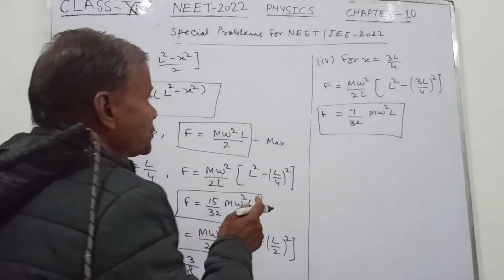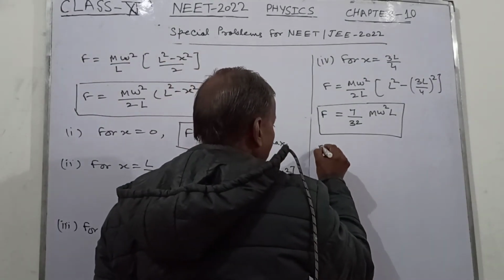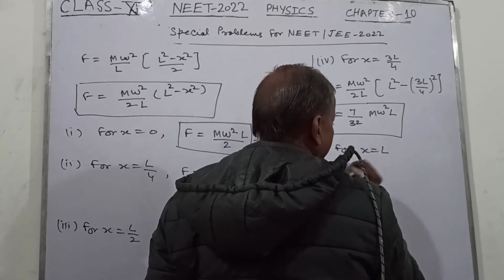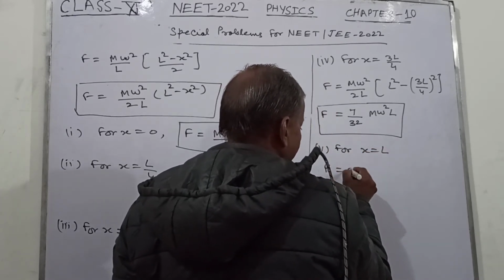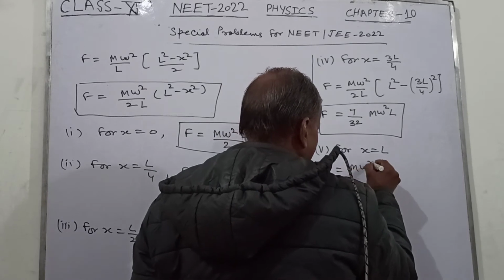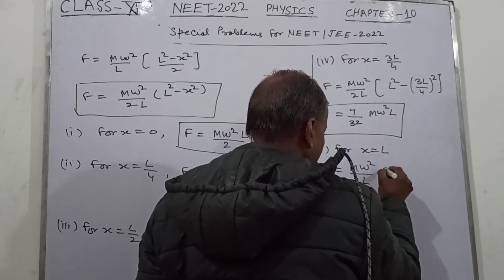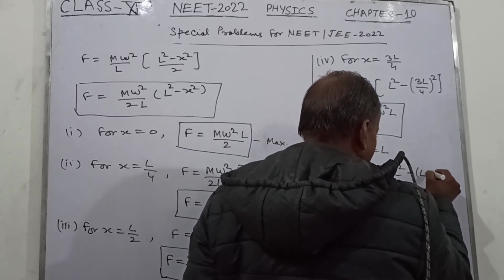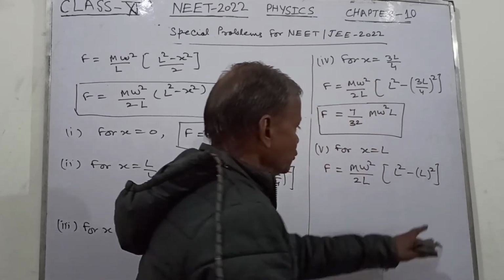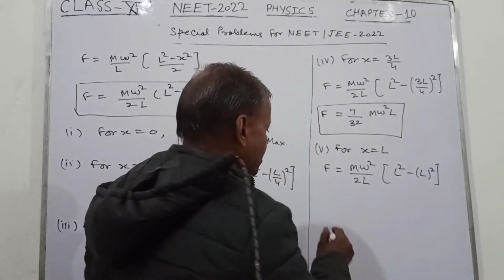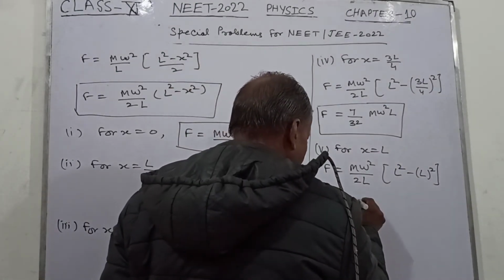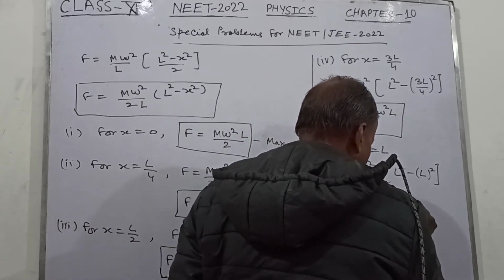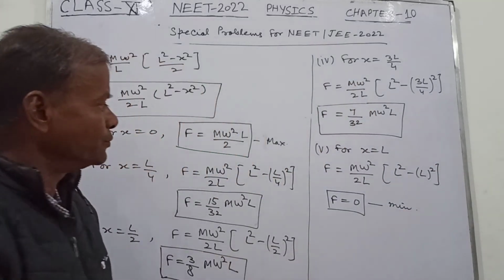And now last we will take the fifth, x equals L. F is equal to m omega square upon 2L into L square minus L whole square. So this is L square, so this will cancel. So F is equal to 0. This is the minimum force. So what do you see from here?